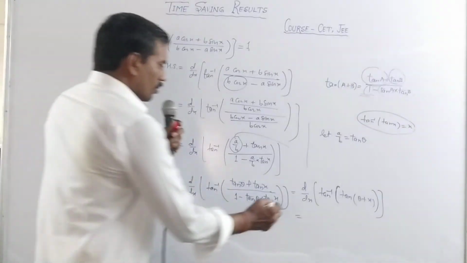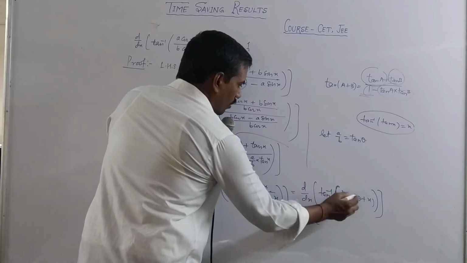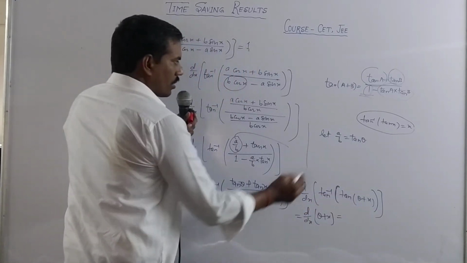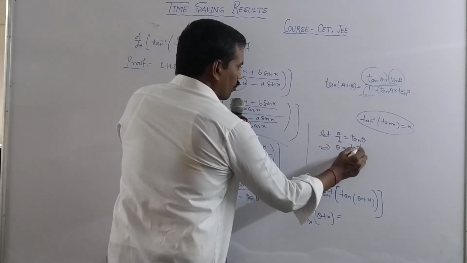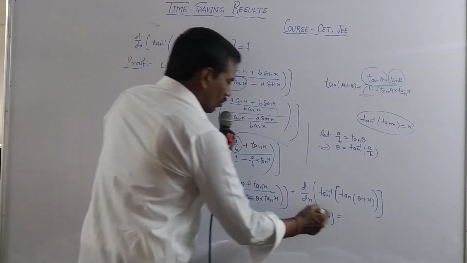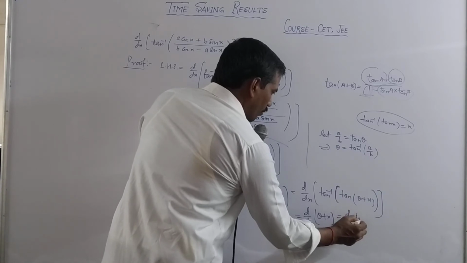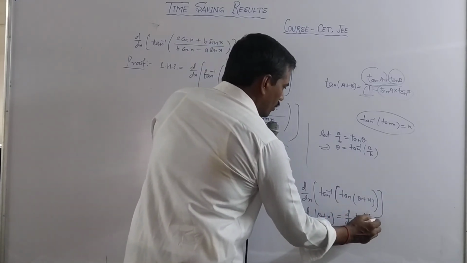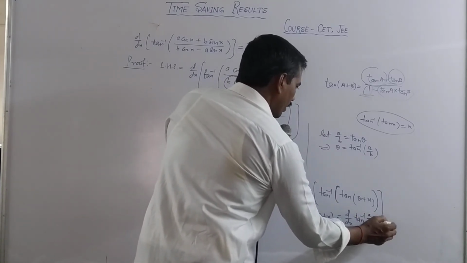So we have d by dx of (theta plus x), and since theta is equal to tan inverse of a by b, it is d by dx of tan inverse of a by b plus d by dx of x.